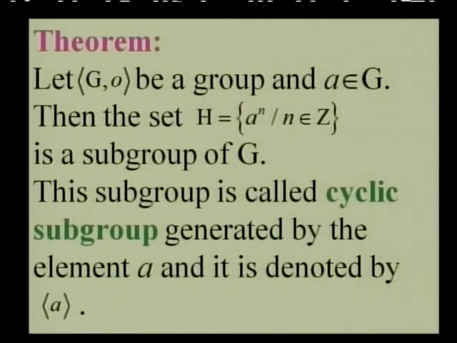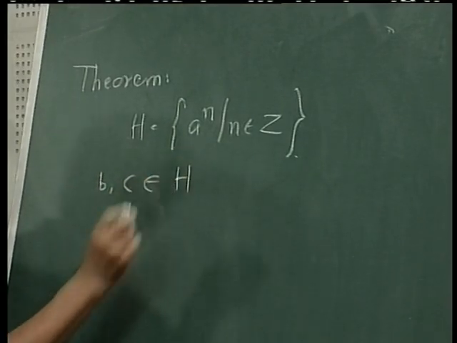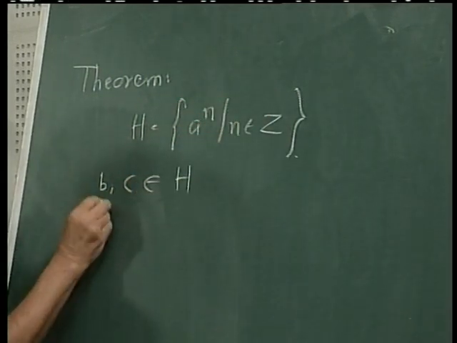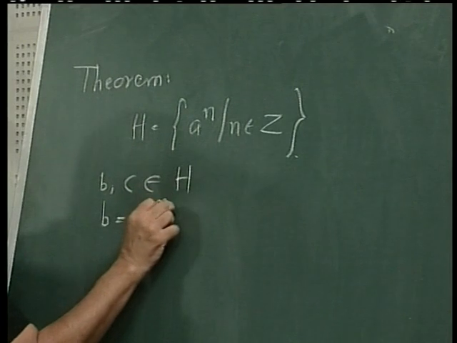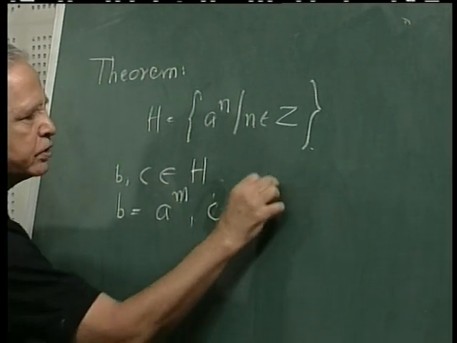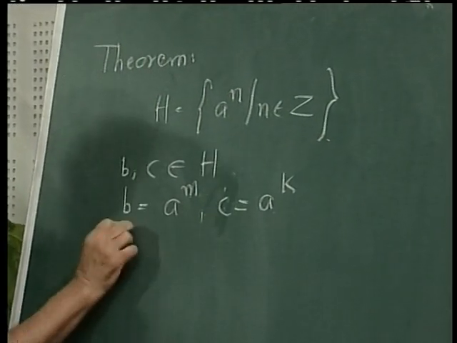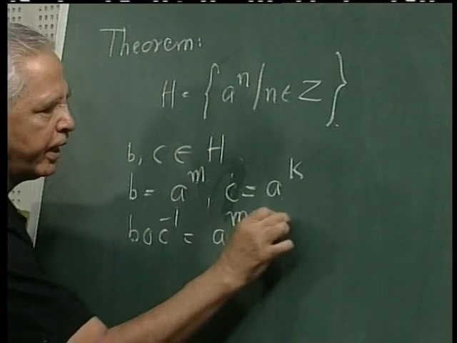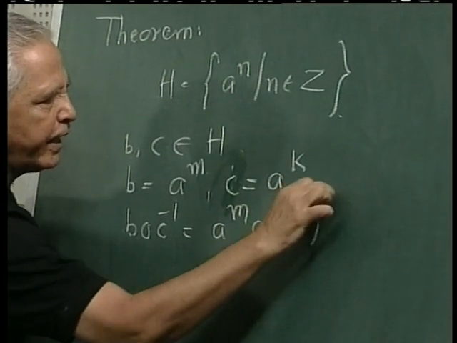Suppose B and C are two elements of H. Then since all the elements are the powers of A, I can write B is equal to A raised to m and C is equal to A raised to k. And that implies B star C inverse is equal to A raised to m into A raised to k inverse.